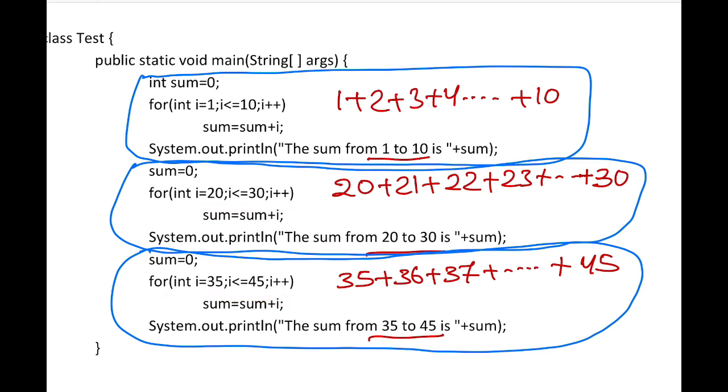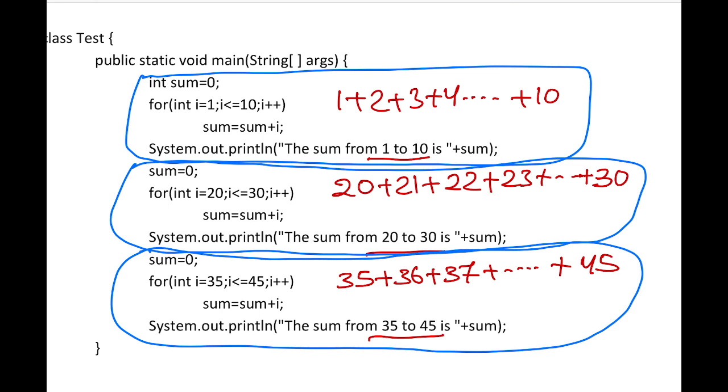Now instead of repeatedly writing the same code for 3 times, we can write a common code and reuse that code to compute the sum of the integers from 1 to 10, from 20 to 30 and 35 to 45.